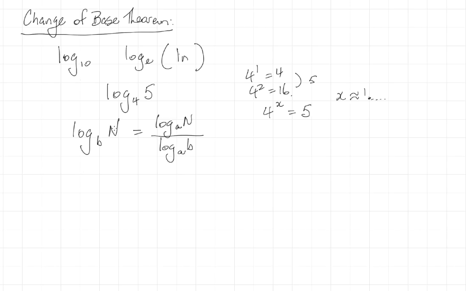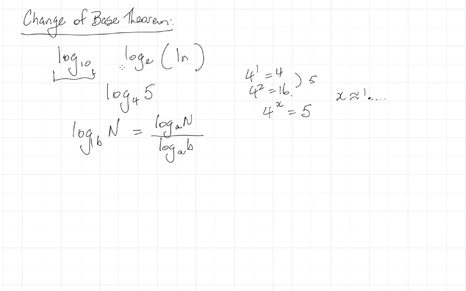We want log to this base. Whatever the base is, the way to remember this rule is that that base goes down there. Whatever's there goes on the bottom, whatever the number is goes on top, and we can change it to any base.